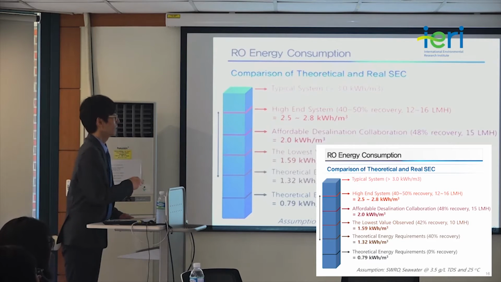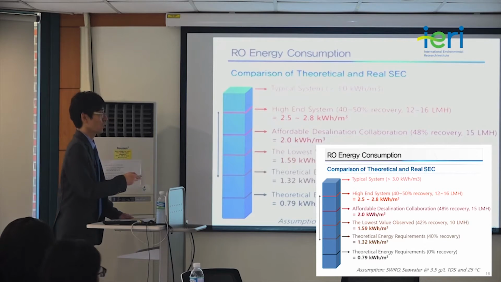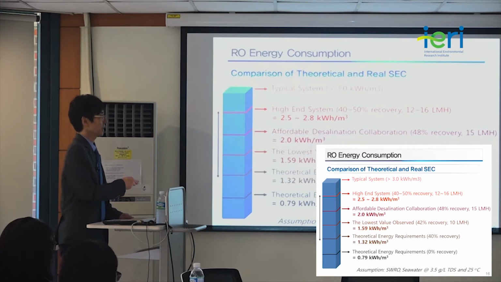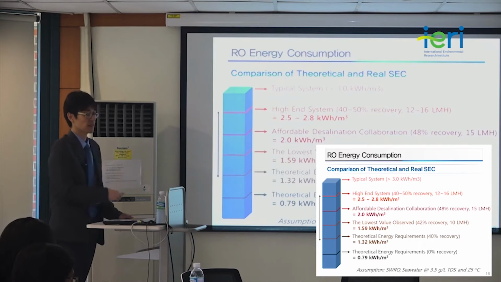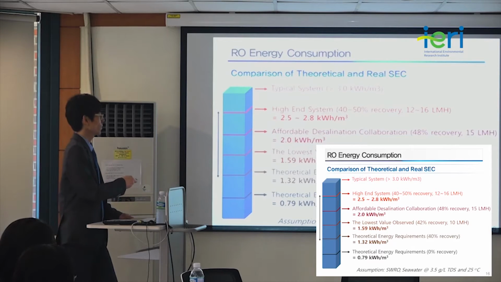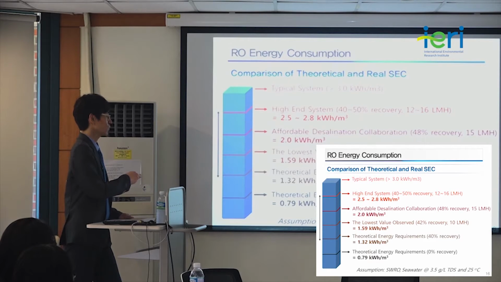And for having enough water production rate or water flux, in addition to this pressure, in addition to this energy, we have to spend a little bit more energy, so this value will increase to 1.59.